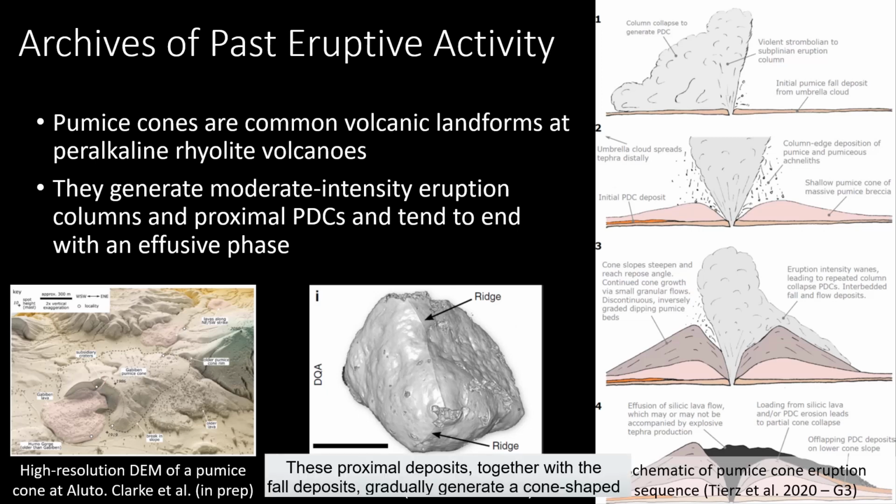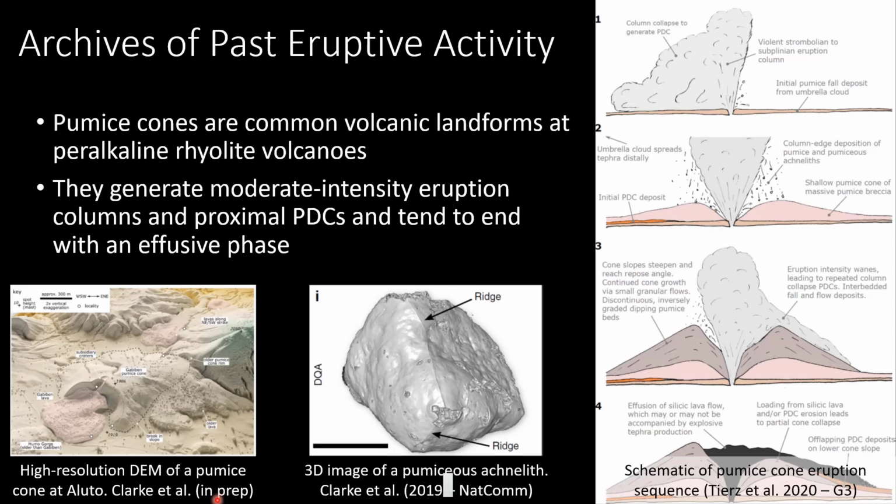These proximal deposits, together with the fall deposits, gradually generate a cone-shaped landform that sometimes contains highly unusual particles, essentially pumiceous actinoliths like the one shown here at the bottom, which has a smooth outer skin and a highly vesicular interior. And these are particles that we don't know at any other type of volcanoes.